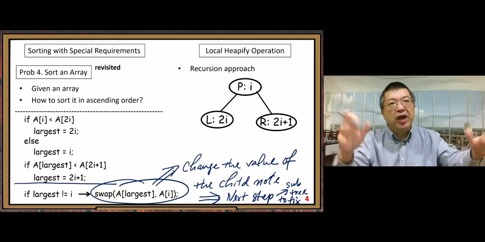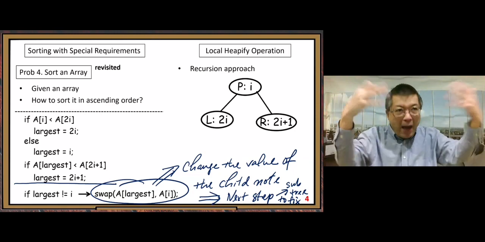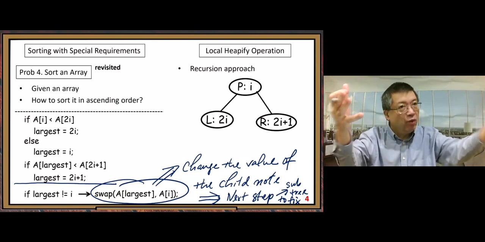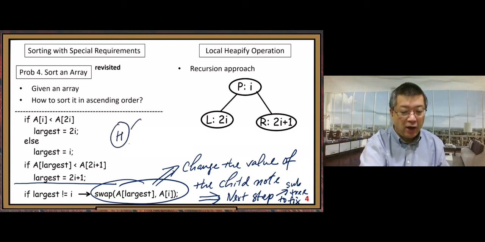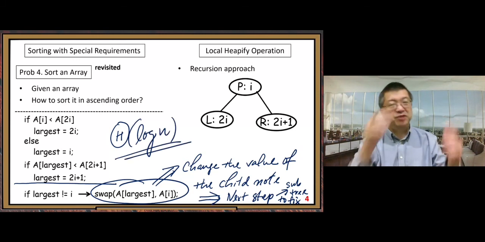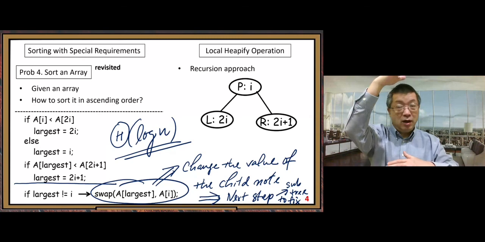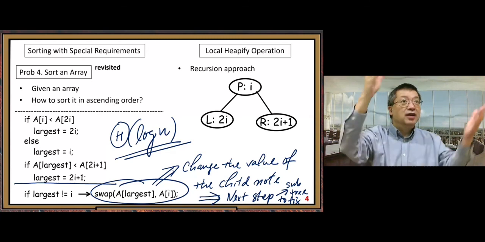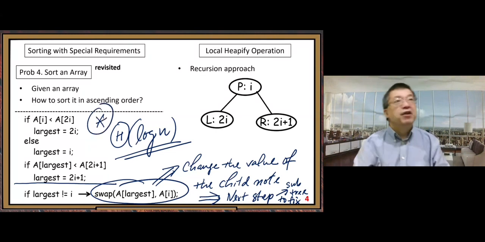With this operation, we can recover the max heap structure. The important thing is, with how much cost do we pay? Big theta of log n, the height of the binary tree. So you can see this is the fixing cost we are willing to pay.